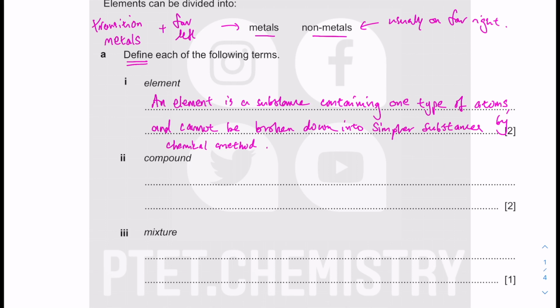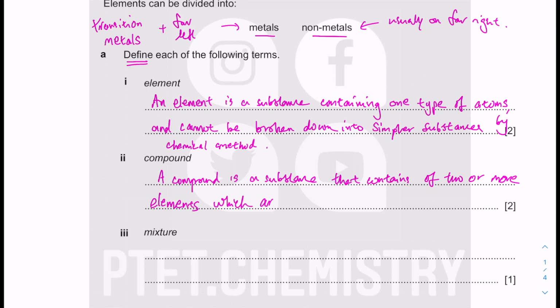So a compound, on the other hand, consists of two or more atoms chemically combined together. It's a substance that contains, or you can say consists of, two or more elements which are chemically combined together.